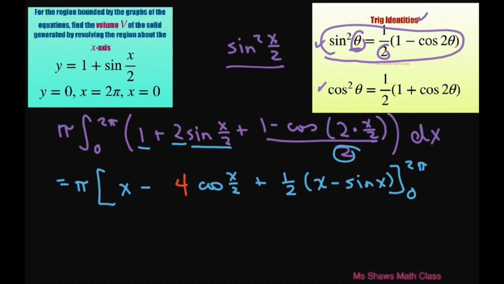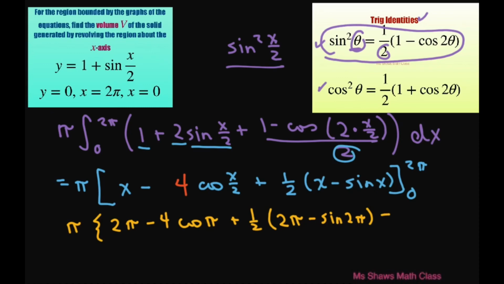All right, now let's go ahead and substitute in our 2 pi. So that's going to give us pi times, let's use braces here, 2 pi minus 4 cosine of pi, plus 1/2 times 2 pi minus sine of 2 pi.